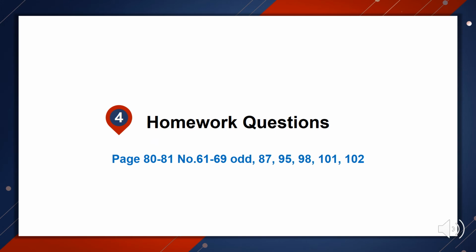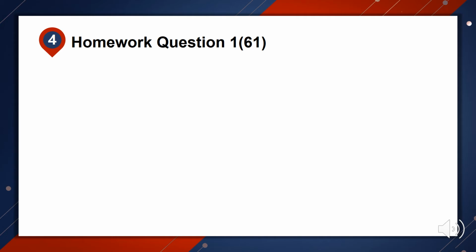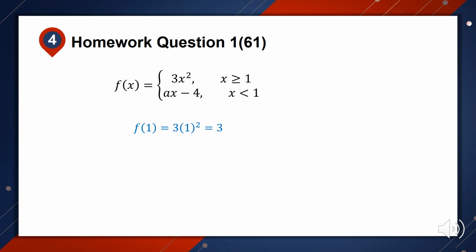The first question is the piecewise function f of x equal to 3x squared, x larger than or equal to 1, and ax minus 4, x less than 1. We first replace x into the first function, and it's equal to 3.